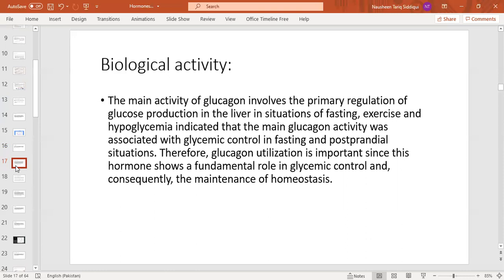So the main function of glucagon is that it controls your glucose during fasting. Therefore, glucagon utilization is important since this hormone has a fundamental role in glycemic control and consequently the maintenance of homeostasis.